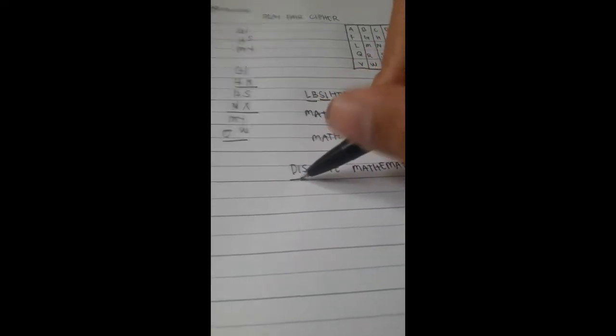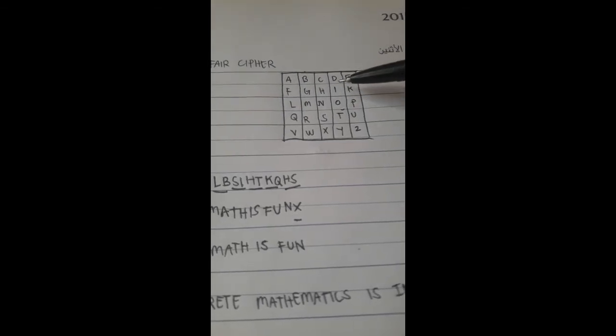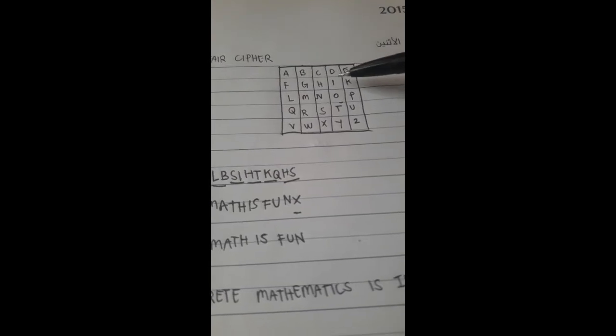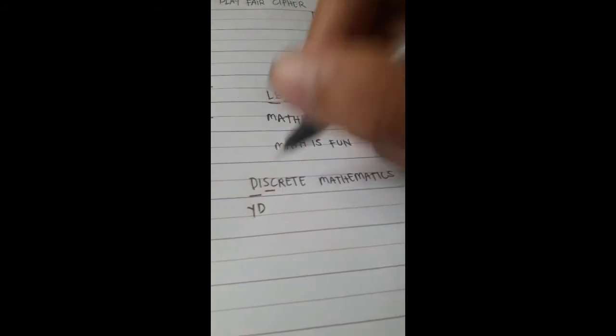So for example, we need to encrypt this message: Discrete Mathematics is interesting. Again we use two letters at a time. For example, DI is in the same column, so instead of going down, since we are encrypting, we go up. The letter above D is Y, because we wrap around. Whenever it is at the edge, you return to the start. So D becomes Y and I becomes D. Next is SC.